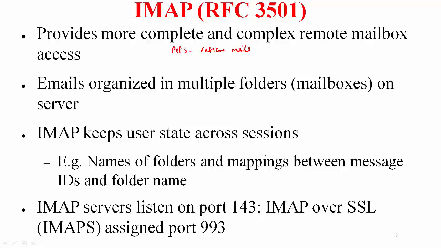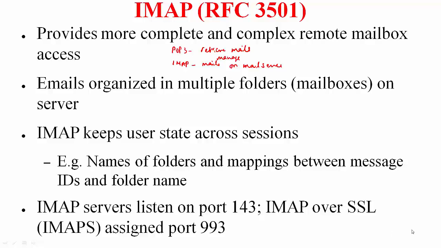The idea is not to keep the mails on the mail server, but to download and organize them at the user end. Whereas in IMAP, you want to manage the mails on the mail server itself. You can download mails for offline viewing at the user side, but the organization is managed as part of the mail server itself. When you download, you are just syncing with the mail server.